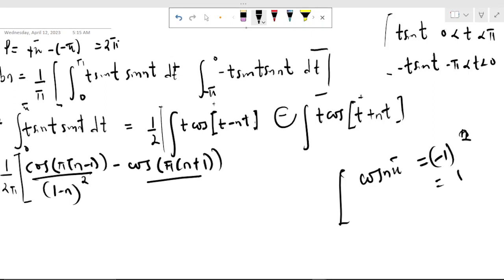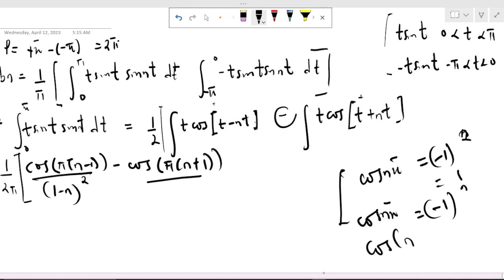So if cos n pi equals minus 1 raised to the power n, then cos of n plus 1 pi should also give us minus 1 raised to the power n plus 1.